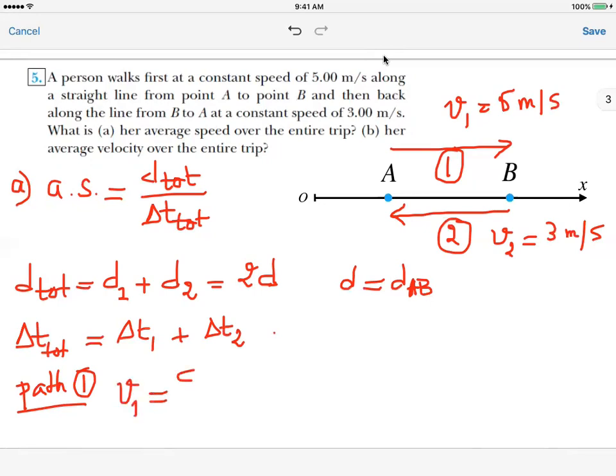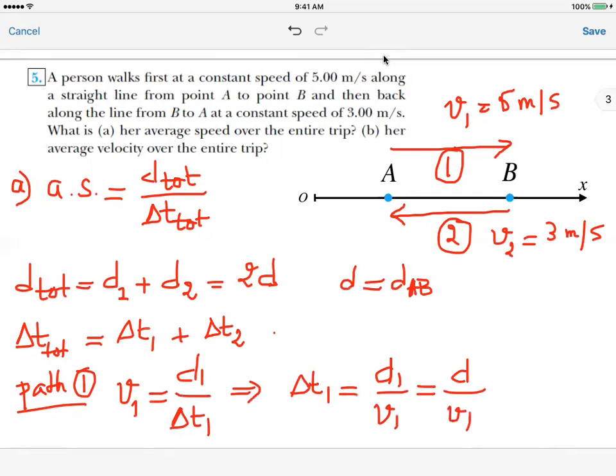It is defined by the distance traveled in this trip divided by the time interval needed to travel the trip. So from here we can deduce that delta t1 is equal to the distance d1 divided by v1. And we have already mentioned that this distance d1 is just d, the length of the AB segment. So d divided by v1.